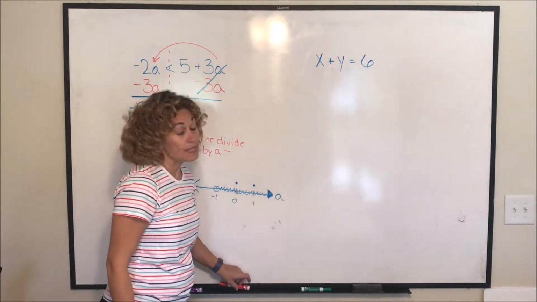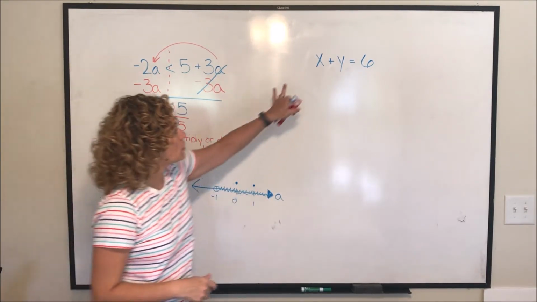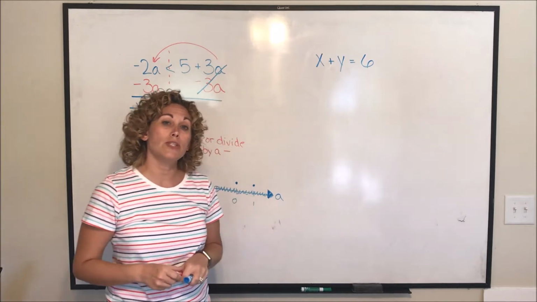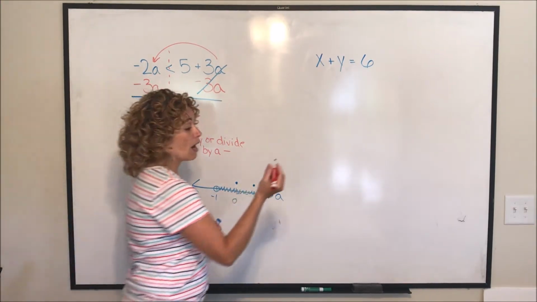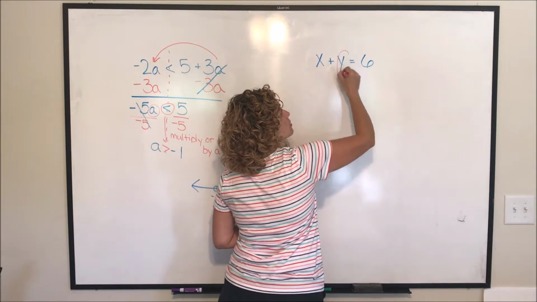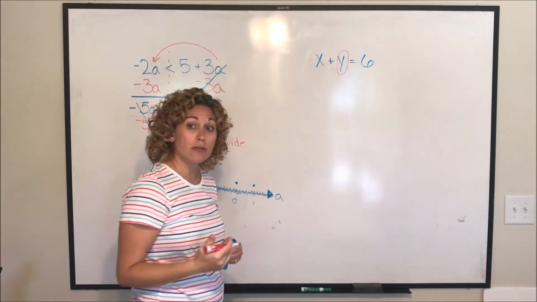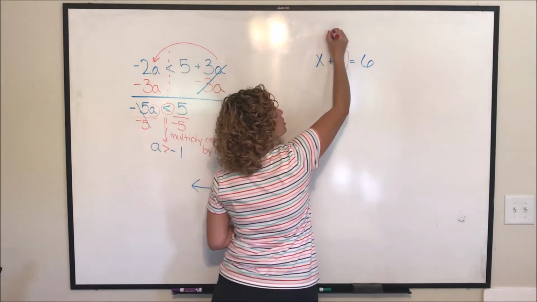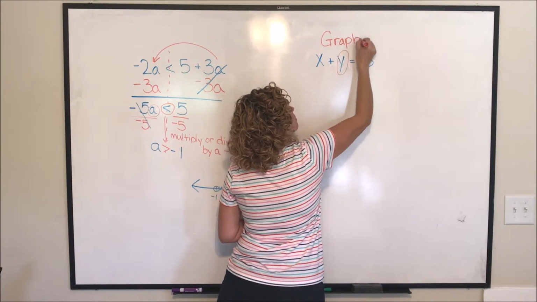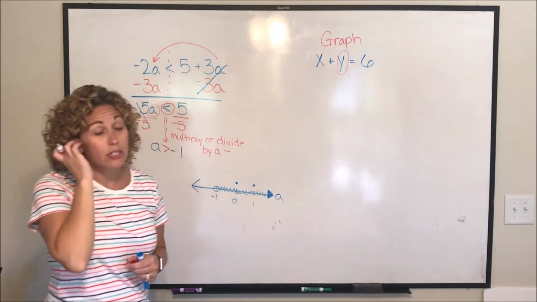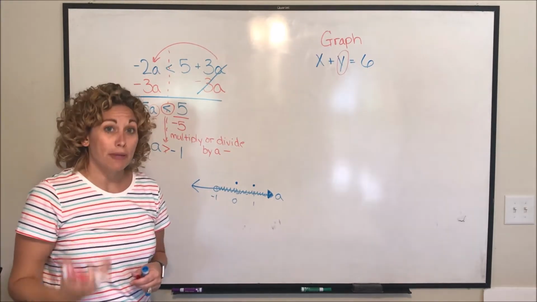Now, this is a little bit different because there are 2 variables. Whenever you have 2 variables, someone's going to have to tell you what to solve for. I'm going to tell you I want you to solve for y. The reason we're solving for y is we are going to graph. And we want to begin to look at something called slope-intercept.